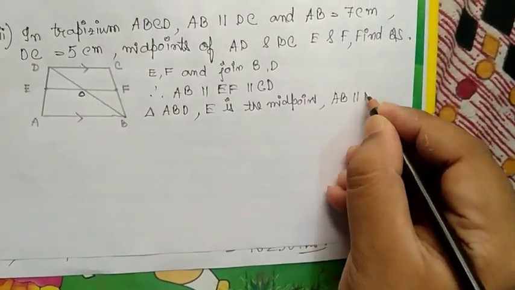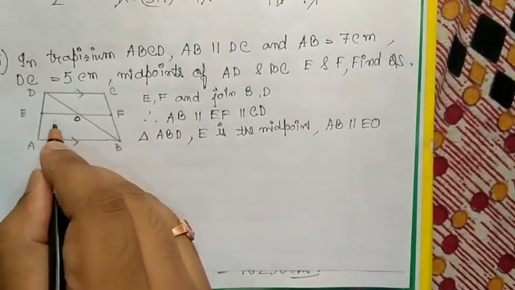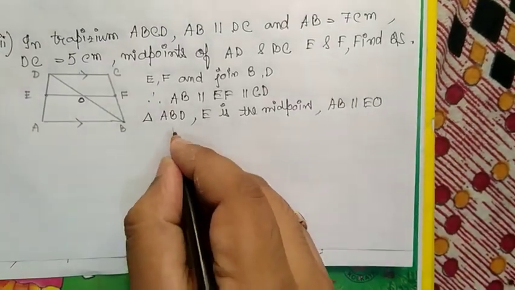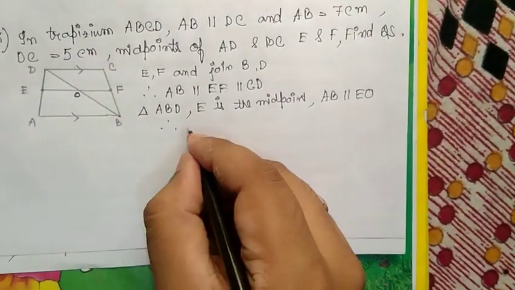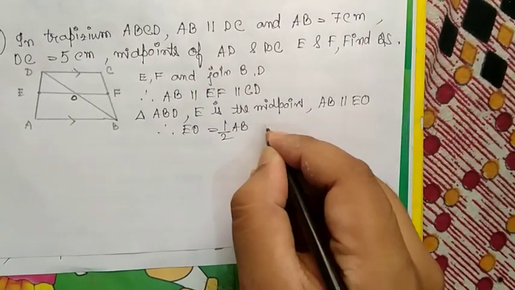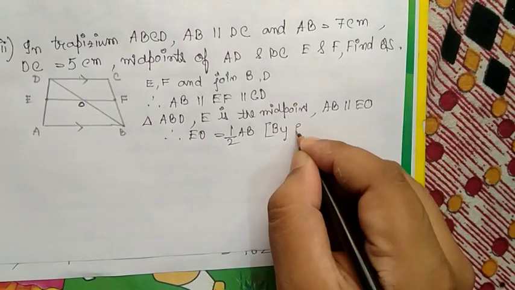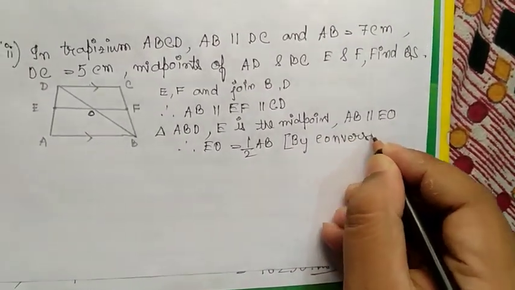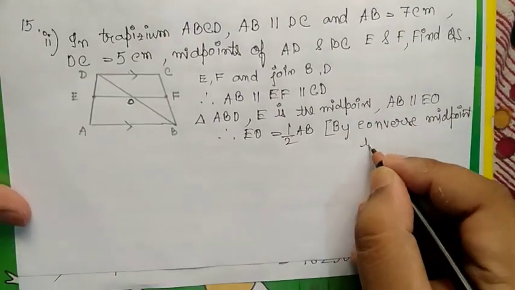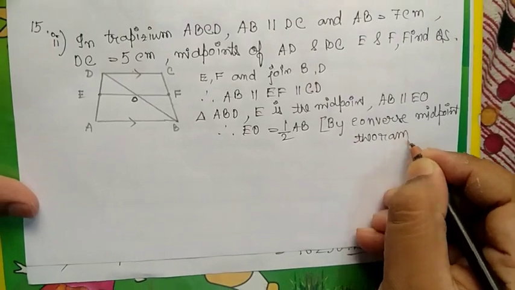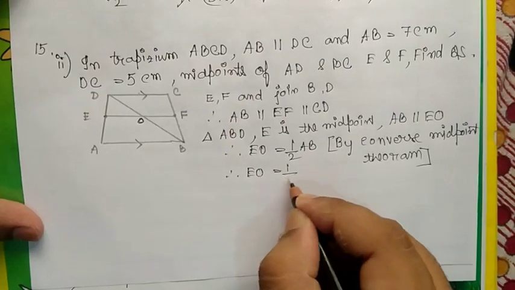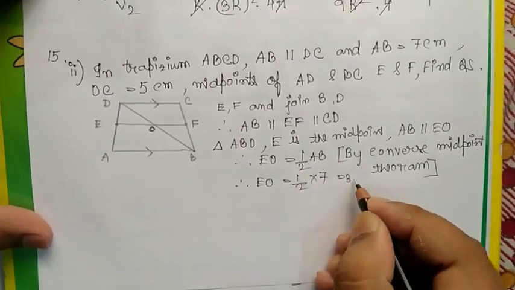Since AB is parallel to EF, and EO is a part of EF, we can write that AB is parallel to EO. So EO equals half of AB by the converse midpoint theorem. AB means 7 cm, so EO equals half into 7 equals 3.5 cm.